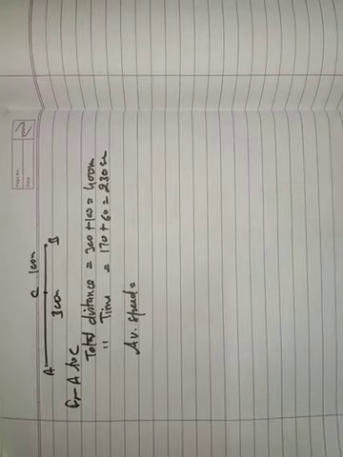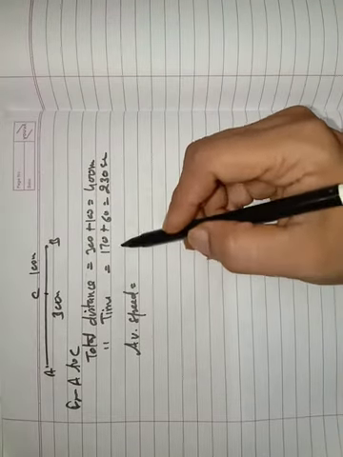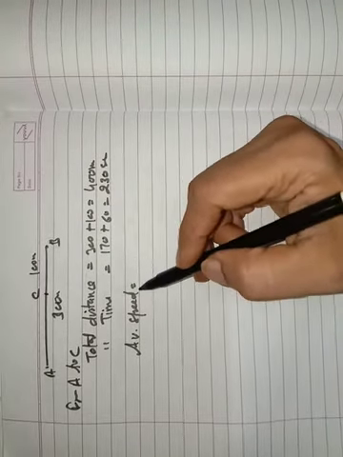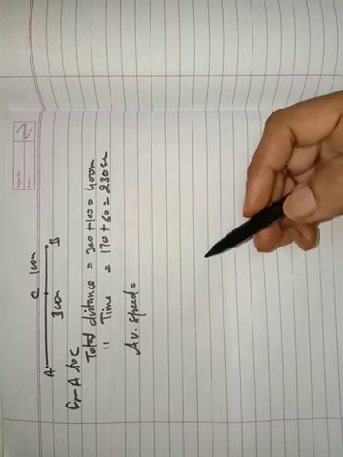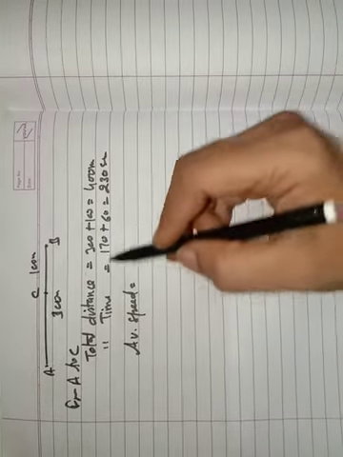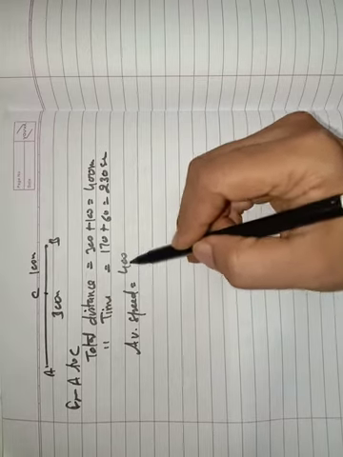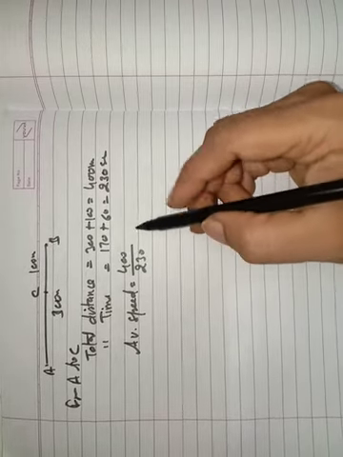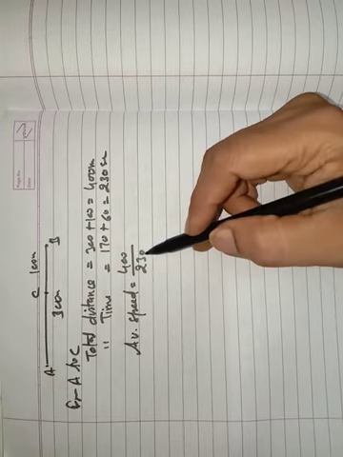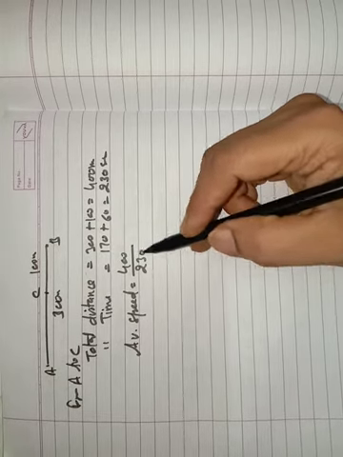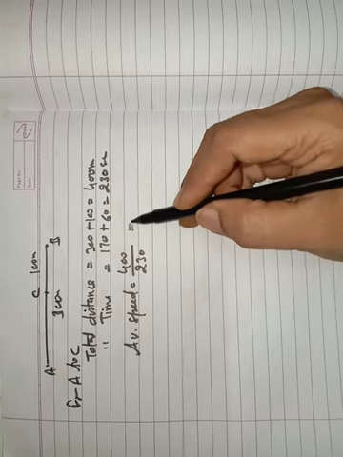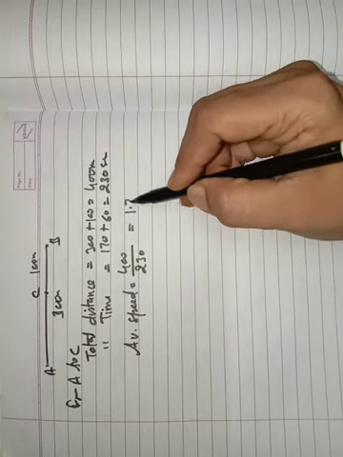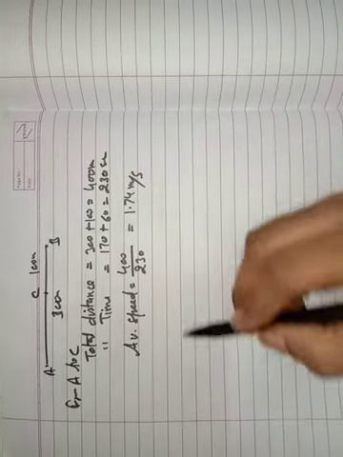Average speed is equal to total distance upon total time. First you should write the formula of average speed and then put the values. Total distance is 400 and total time is 230. By dividing 400 by 230, we will find it will be approx 1.74 meter per second.